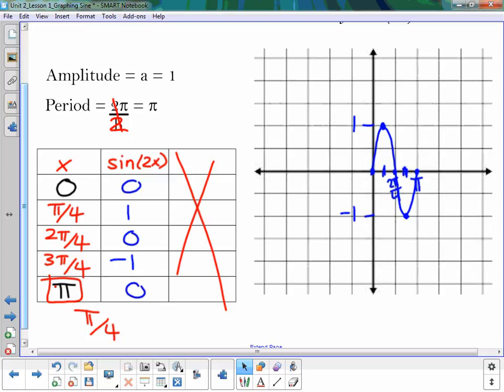So it just squeezed or scrunched up my graph. It still goes one above, one below, but it's pushing it tighter together. So actually by the time I get to 2 pi for this one, I'll have already made 2 periods worth of my graph.